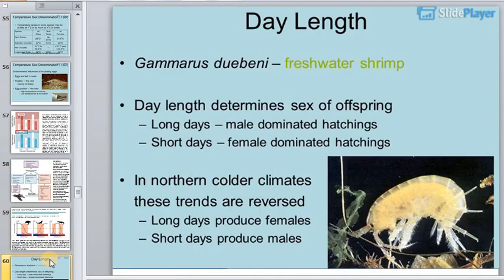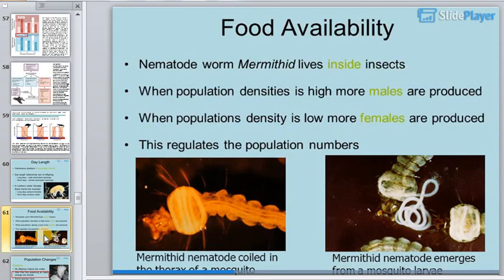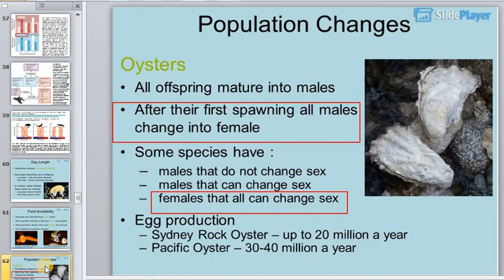Here, daylight, not only temperature, sometimes for some primitive species it can be just daylight, or it can be food availability for some species. And even, do you remember this temperature-dependent fertility?